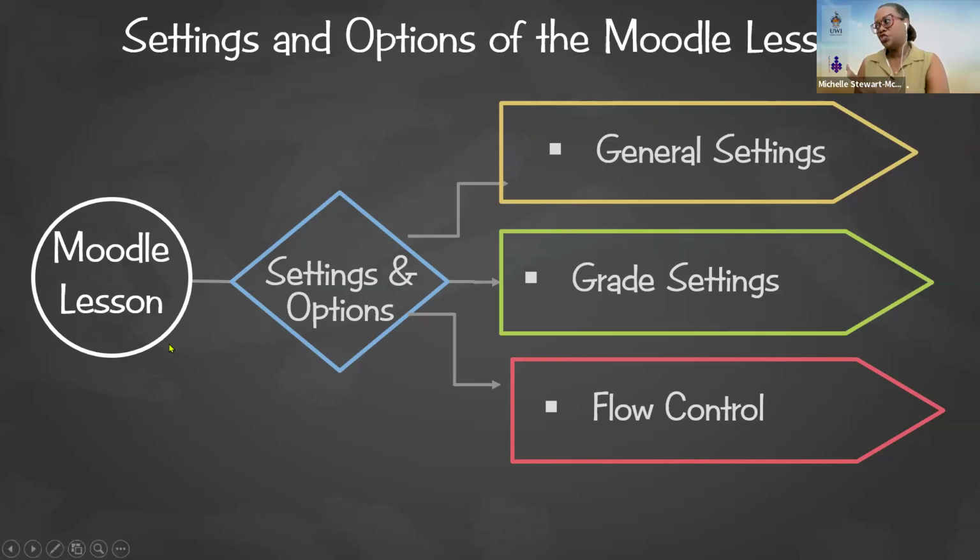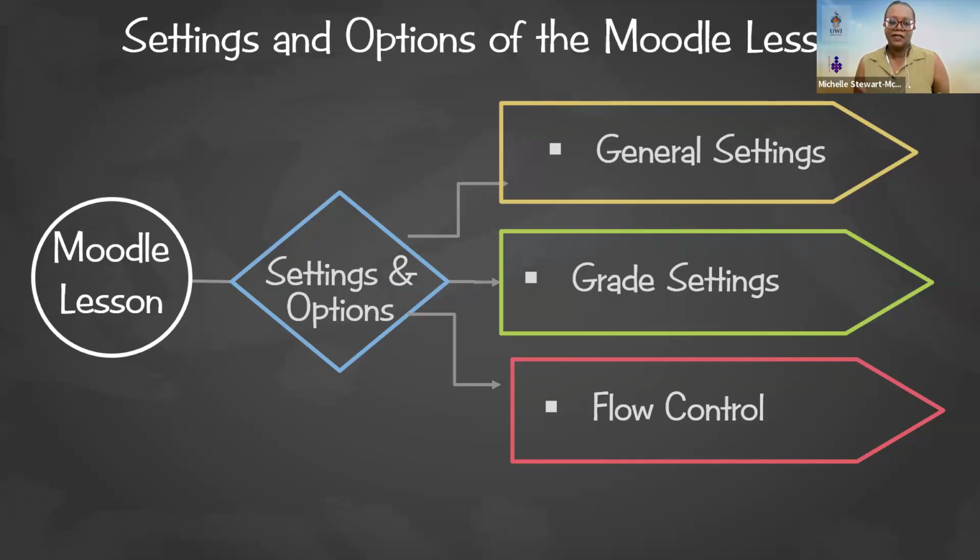So when we talk about the general settings, and we will see them when we go in to build our lesson, we have our progress bar. You can decide if you want the students to see their progression as they go along in percentage, or in a bar that says X percent of the lesson is completed.